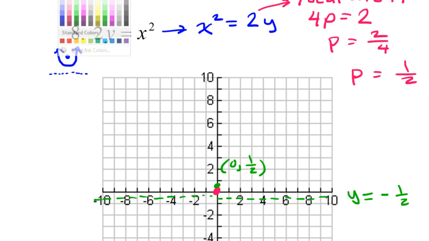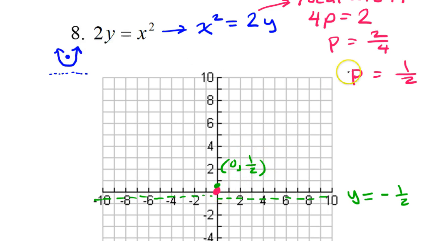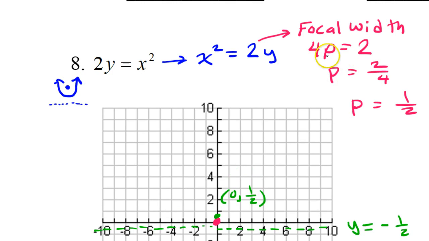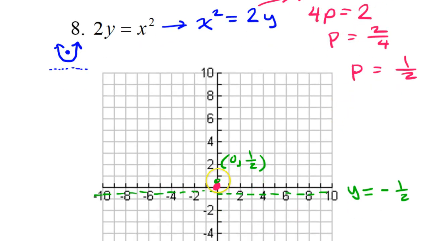Okay, let's use the focal width. The focal width, remember, is 2. That means that at the focus, my parabola has a total width of 2. That means 1 to the left and 1 to the right. So this is really tight, but this is how my parabola is going to look.